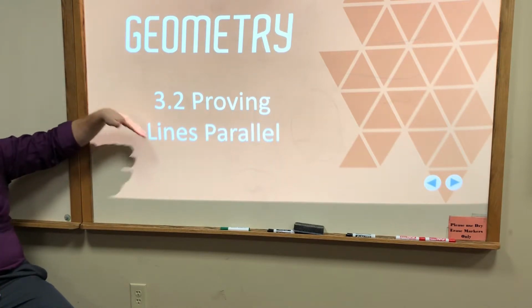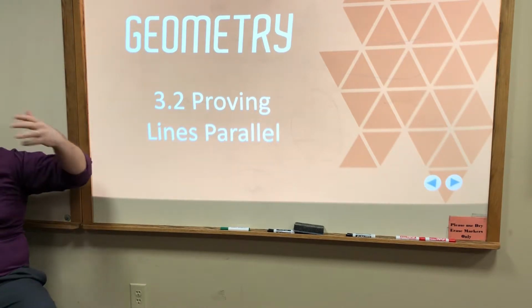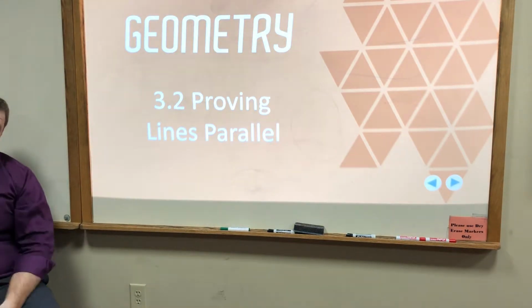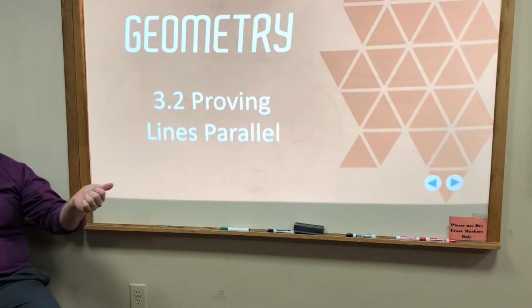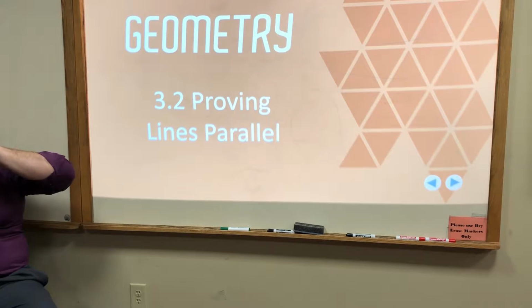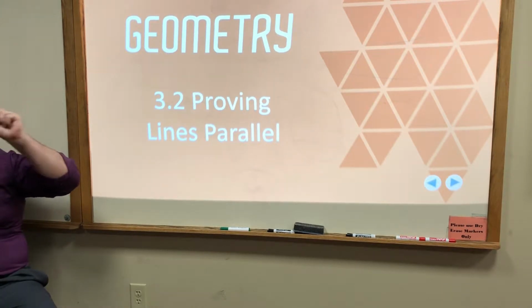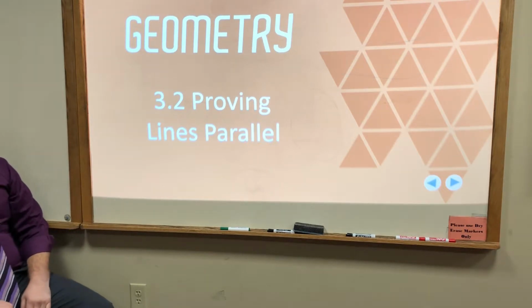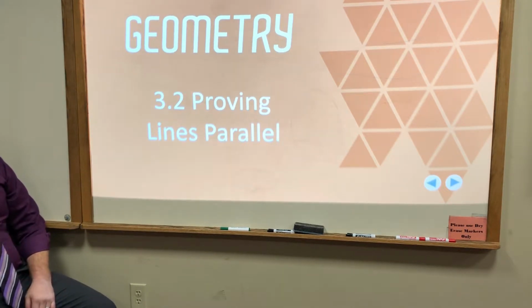So 2 and 3, remember, and 6 and 7. So you add those together and they equal 180 degrees. The other 2 are alternate exterior and alternate interior. And what did we know about alternate exterior and alternate interior? They were congruent, okay? So now, what we're going to do is start doing some proving.